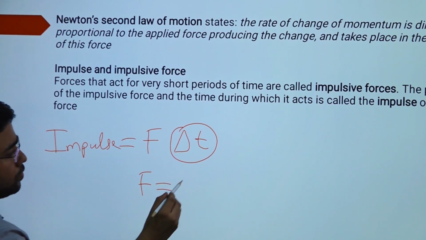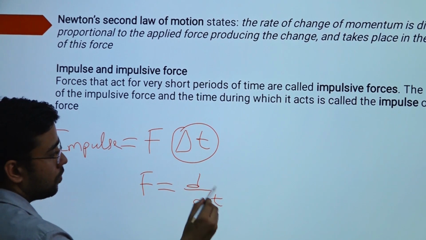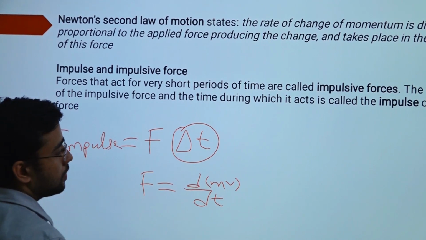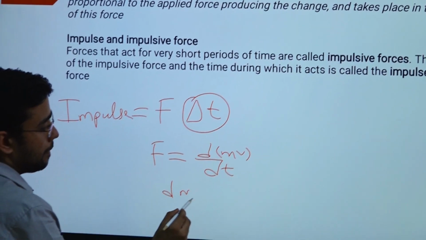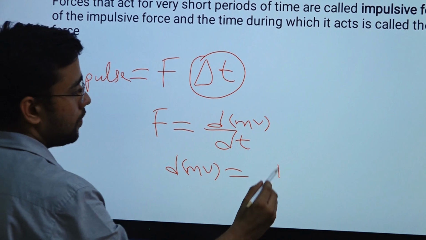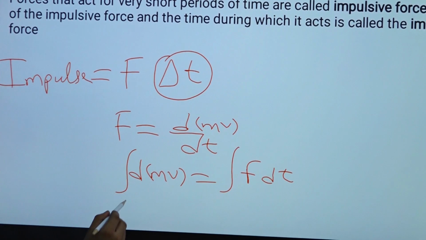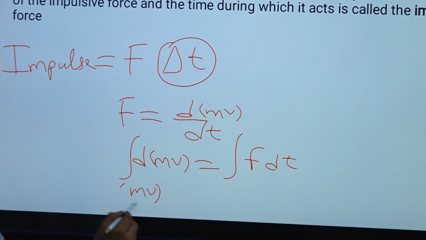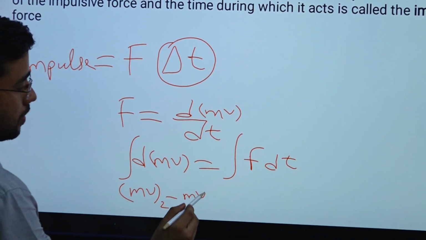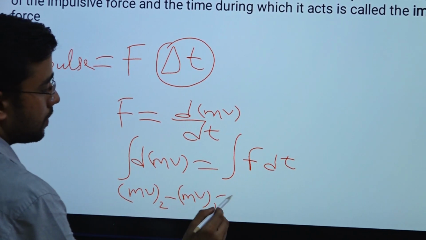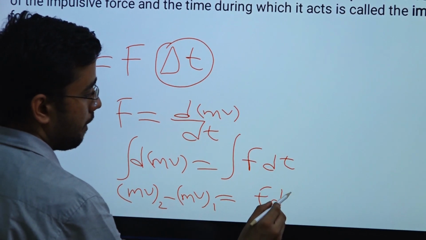So let us go back to d by dt of mv, right? So d(mv) is equal to F dt. So when we integrate it, we will find mv2 minus mv1 is equal to integral of F dt.